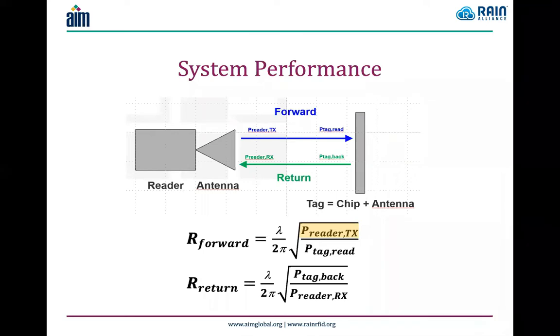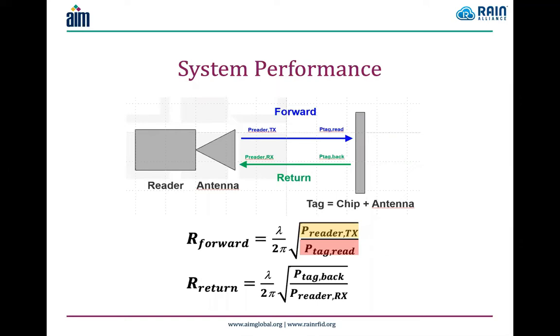Then we have the second parameter, the tag read power, the power that the tag needs in order to be read. This is basically the operating power, and it defines the forward range as a consequence.